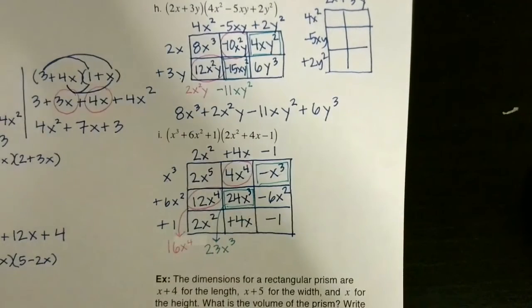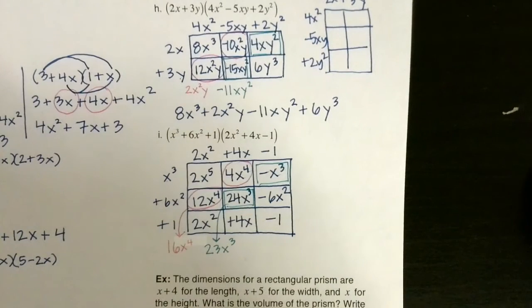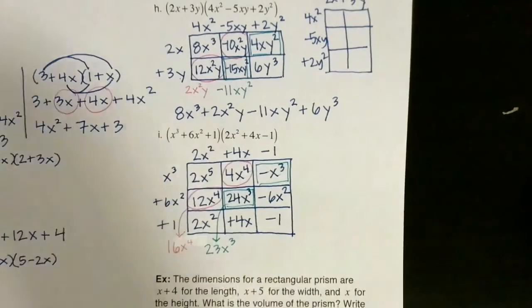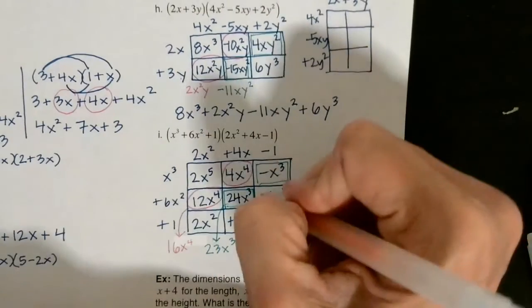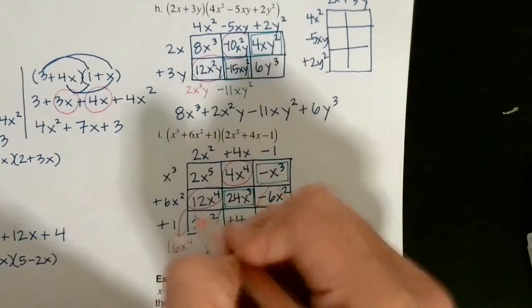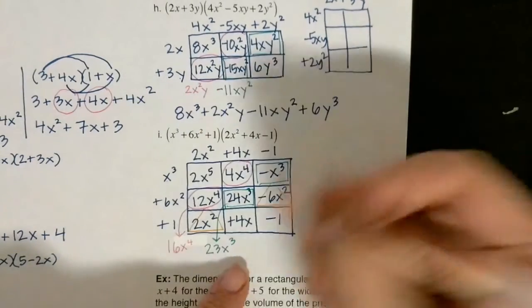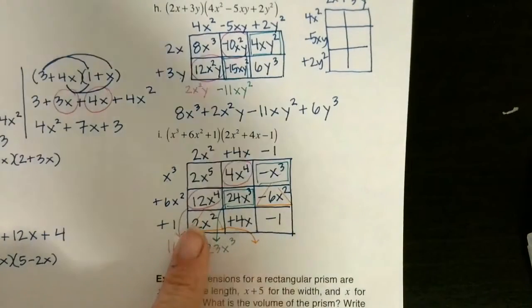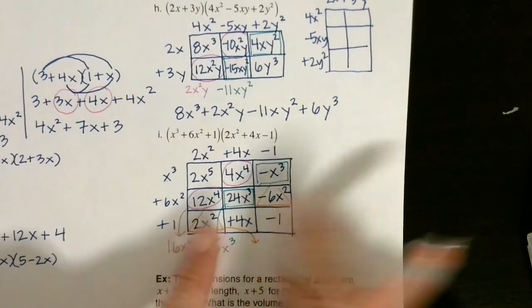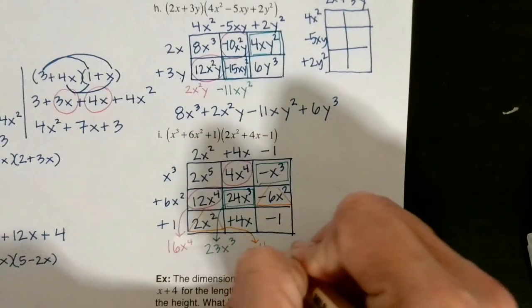Now here's a weird one because they don't line up, but that's okay. We can still see it. You guys see these two? They do not line up, but they're like terms. So maybe we'll just put it right here. So we get 2x squared and negative 6x squared makes negative 4x squared.